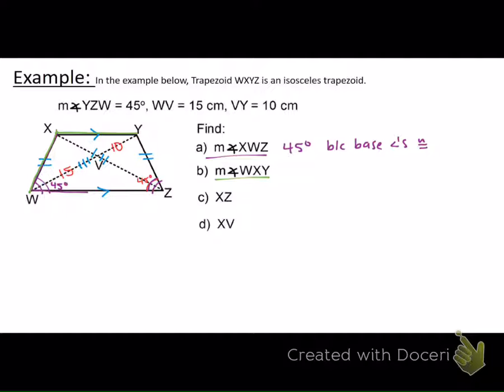Yeah. Supplementary. So we know that they must add to 180. So I take away 45.